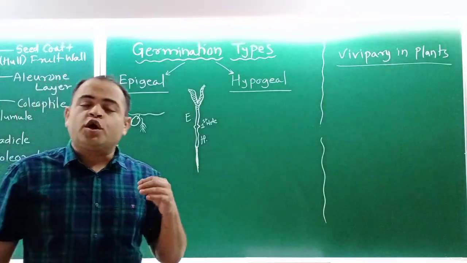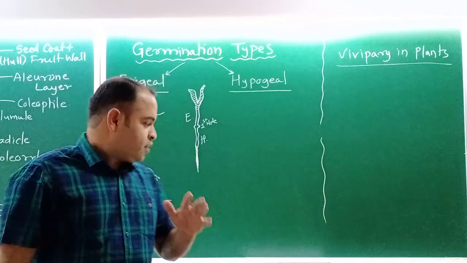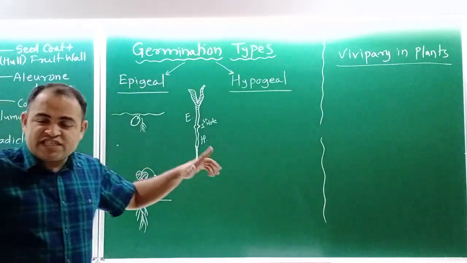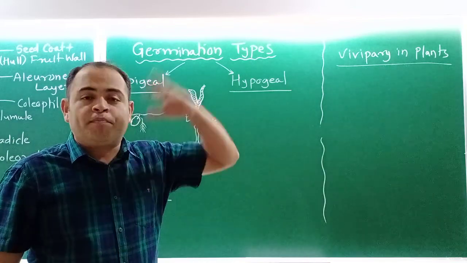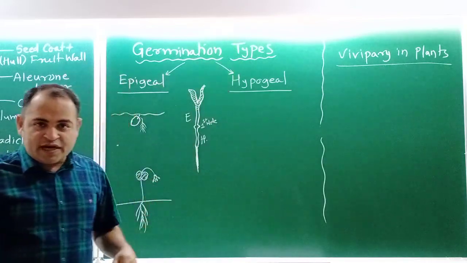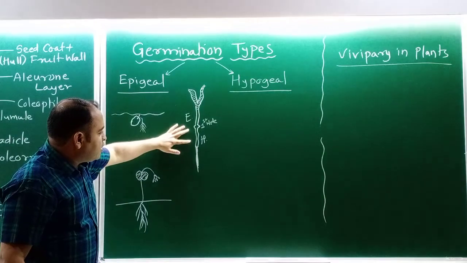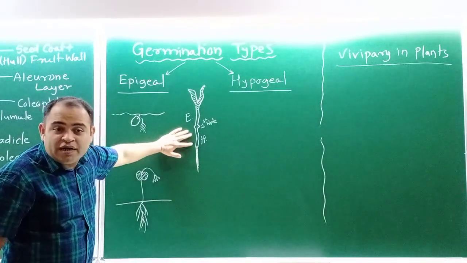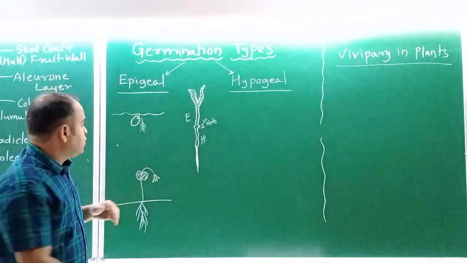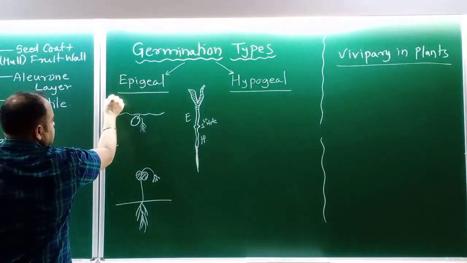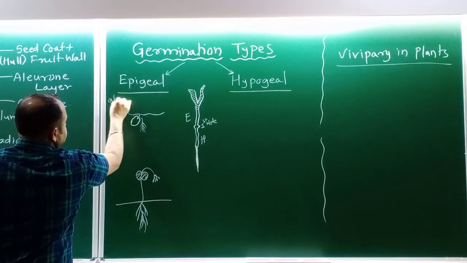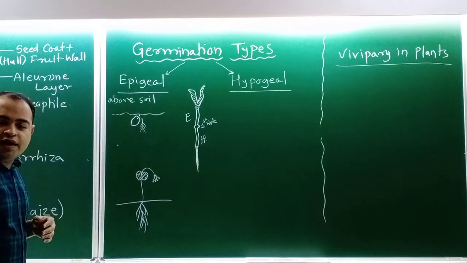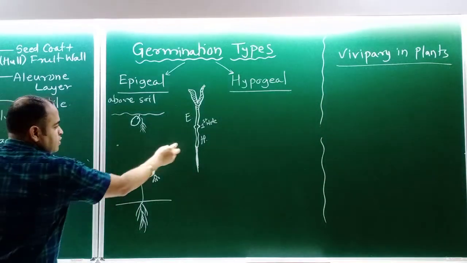So this cotyledon that moves up. Now here in this particular case, when we expect seed to grow in upward direction, that time this particular hypocotyl part, that elongates. So this is epigeal germination, that is germination above soil.